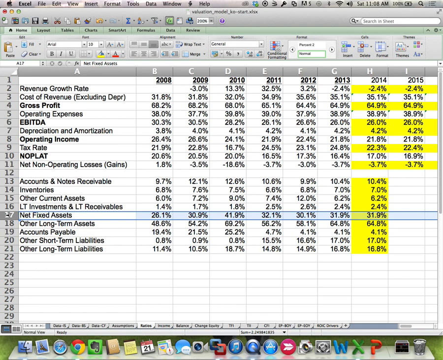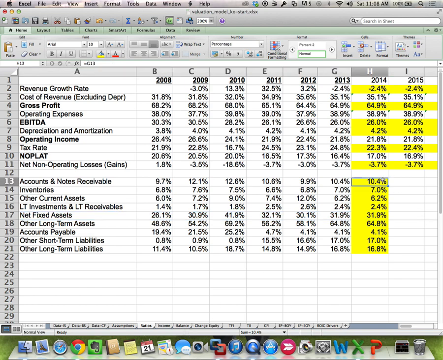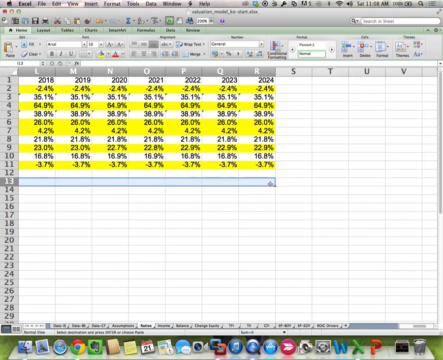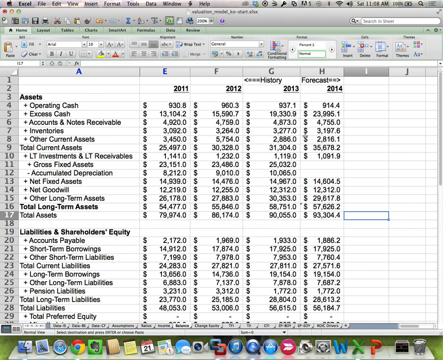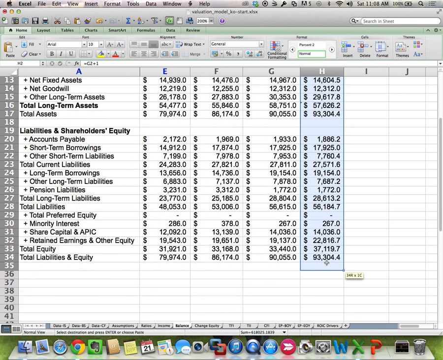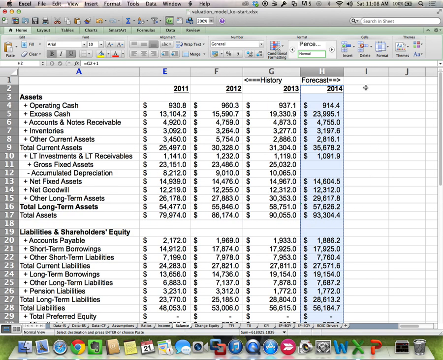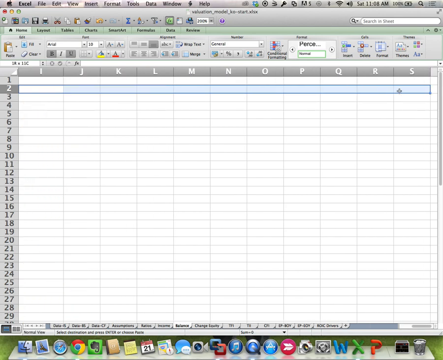Okay. So back to this. Here's the deal. I'm going to take these balance sheet ratios for 2014. I'm going to copy and paste them out to 2024. And then I'm going to go back to my balance sheet, take 2014, and copy this out and paste it out to 2024.